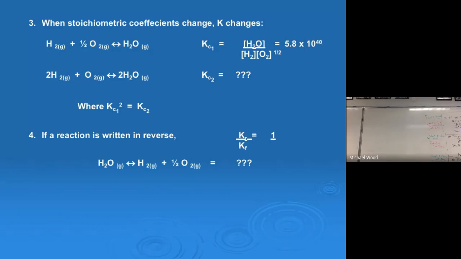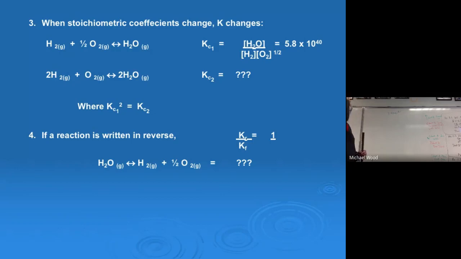So where there are those three question marks, I'm going to take that big number, 5.8 times 10 to the 40th, and square it. Where those question marks are, we should have 3.4 times 10 to the 81st. That is a huge number, which means it is really going to the right.